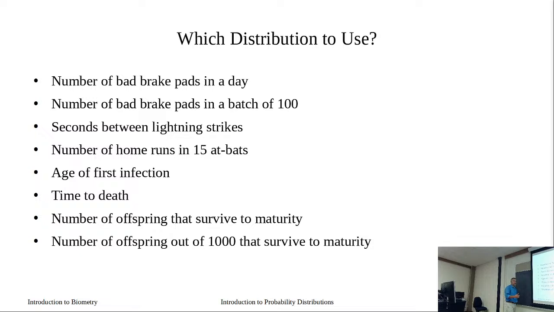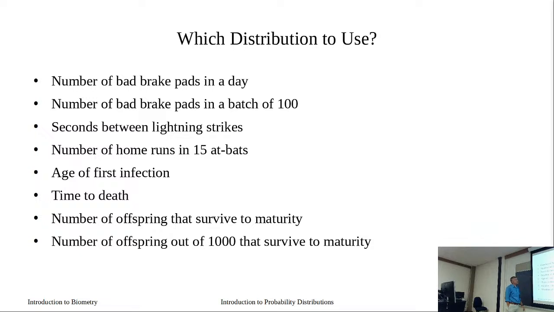It could, in theory, be a large number, but if we're producing 10,000 brake pads in a day and we're asking, what's the chance that we get 5 bad brake pads out of that 10,000? Now it's a rare event, and thus we don't really have an out-of number. That's how we set things up. So don't be mistaken by "in a day," because we can define time periods and time frames.